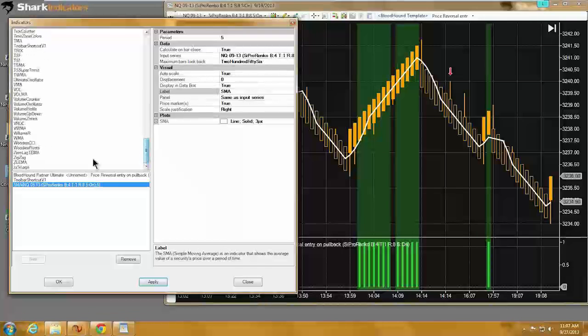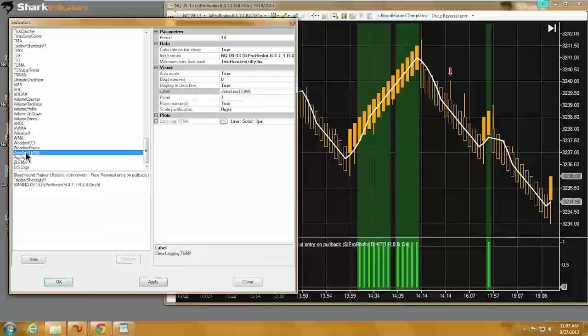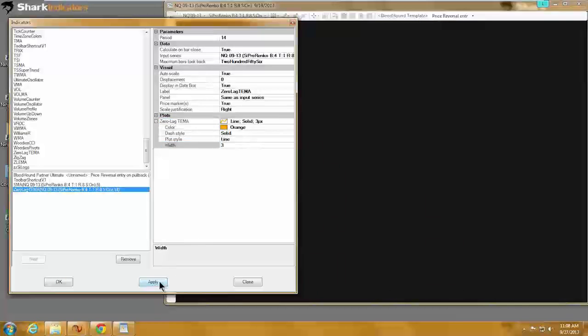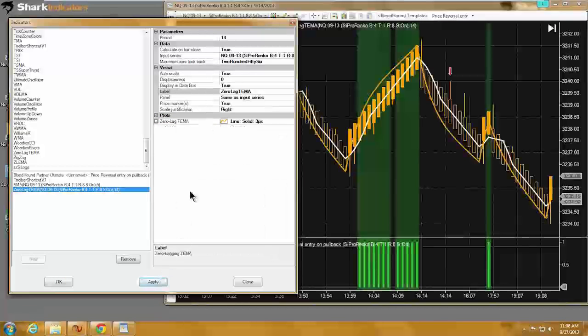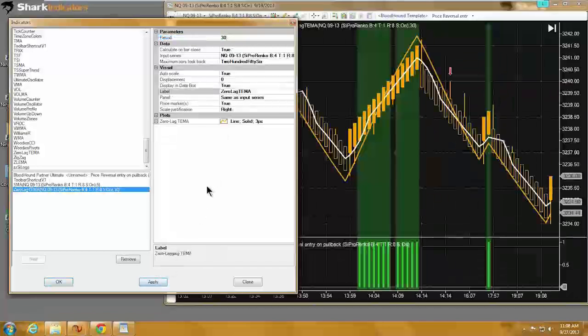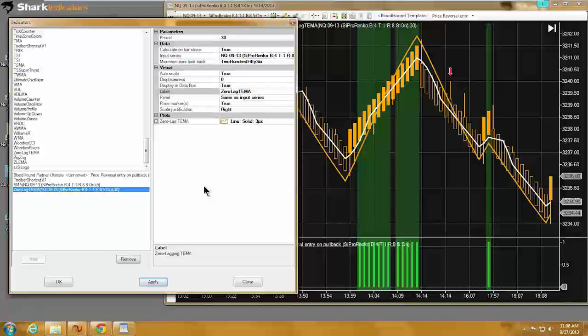Maybe, I wish I remembered what indicator we used in that last workshop, but let me see if the zero lag triple EMA works a little better. And that's a pretty fast response as well.